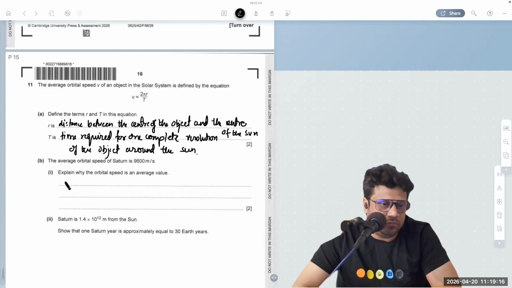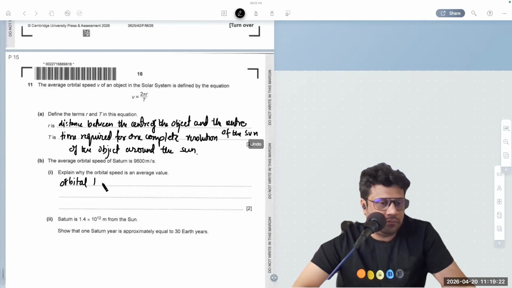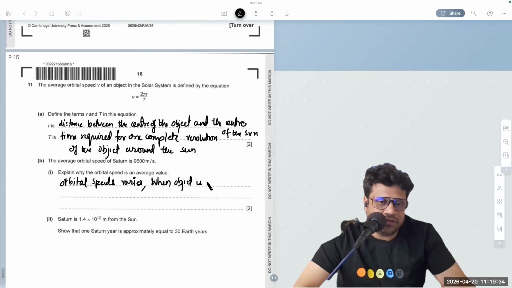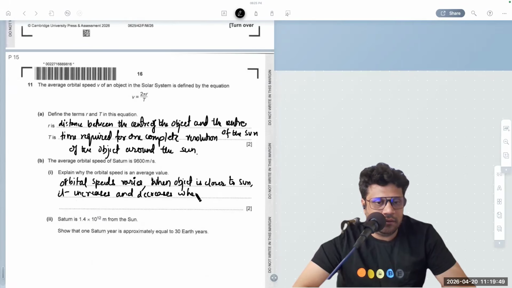You see, orbital speed varies. When the object is closer to the sun, it increases, and it decreases when the object is far away.